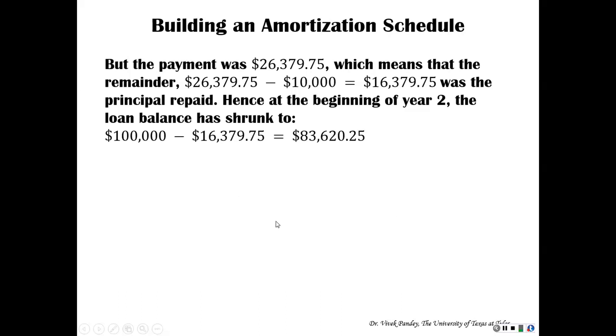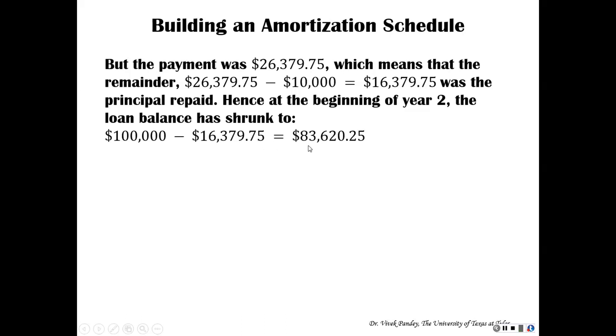So the remaining from 26,000 to 10,000 is 16,000 plus, which is the principal that's repaid, right? So after 1 year, we don't owe $100,000 anymore because 16,379 of the principal has been repaid.